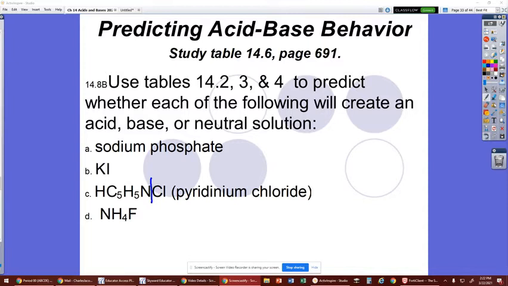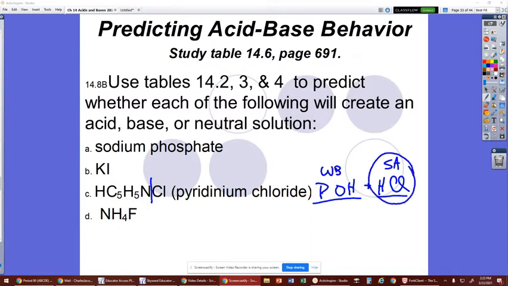So pyridinium hydroxide, I'm just going to call it POH, not to be confused with pOH. Get it? Combining with hydrochloric acid. Here I have a strong acid. Pyridinium hydroxide is not on my list of strong bases, so I know that that is a weak base. So in this case, the acid wins. This would be an acidic salt.